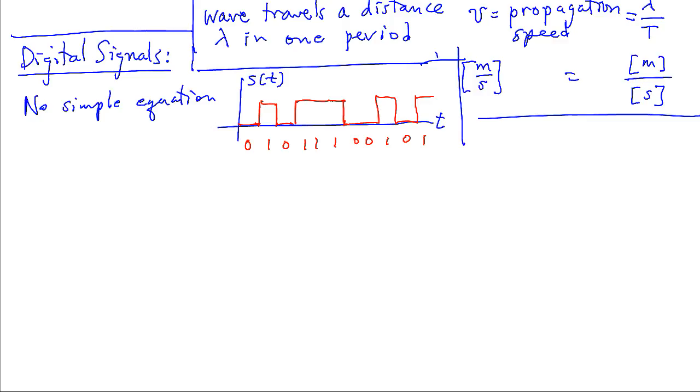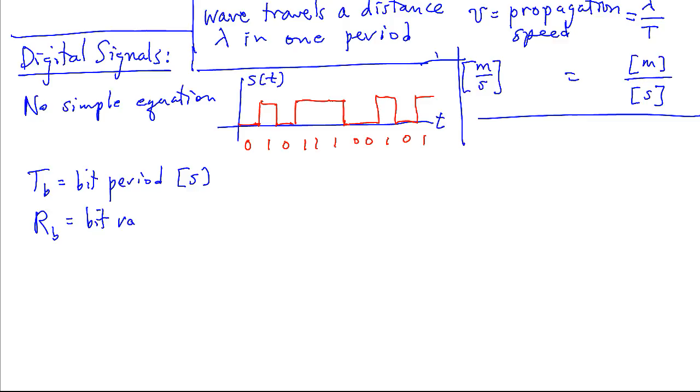Okay, we don't have a very nice way of writing that down, and so we just deal with things like t sub b. This is the bit period. It has units of seconds. We have the bit rate, r sub b. It has units of bits per second.